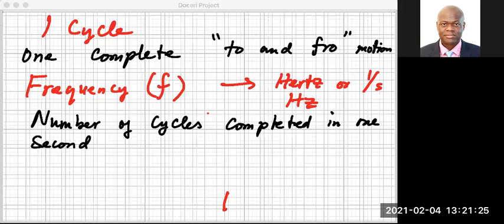And if we combine this with the definition of period, remember period is how long it takes to complete a cycle. Now, if you wanted to know how many cycles will be completed in 1 second, then you will just need to divide 1 second by the period. So that'll tell you how many cycles have been completed in 1 second. For that reason, there is this simple relationship between period and frequency. Frequency is equal to 1 divided by the period.